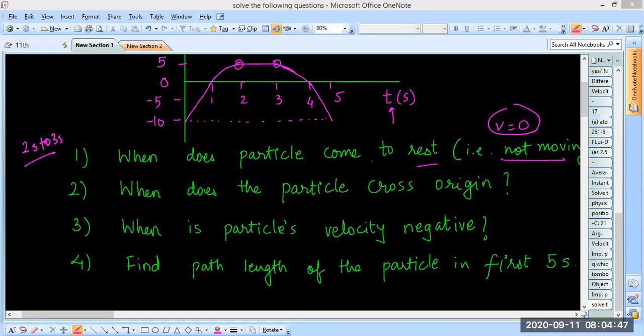Second one, when does the particle cross origin? On this one I would like to have your answers. Can you answer this in the chat box, please? When does the particle cross origin?